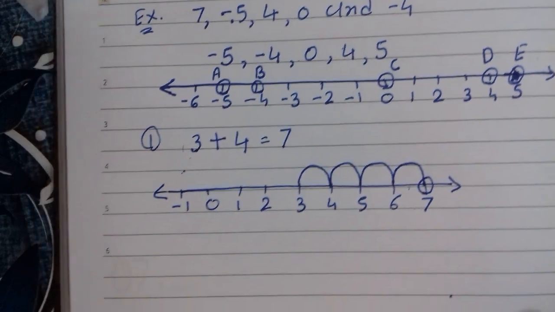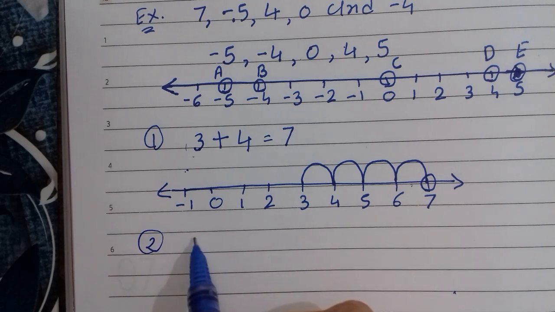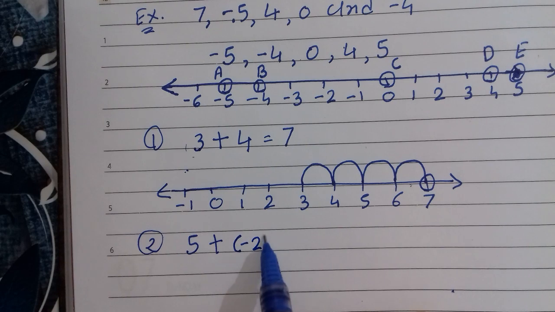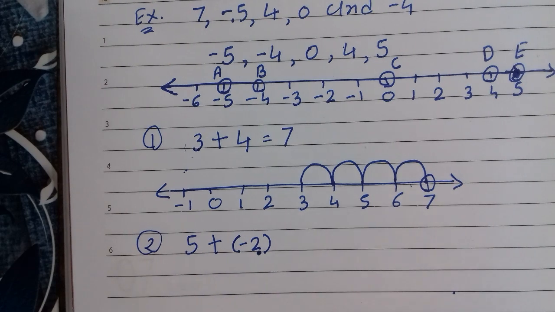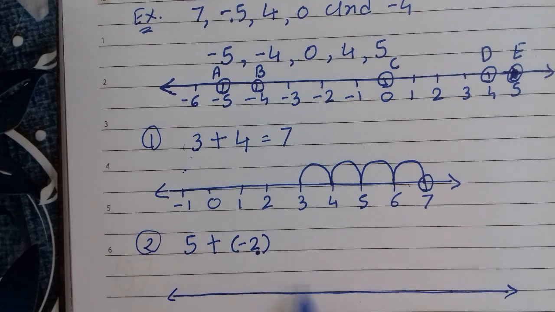Now if you want to add a negative integer, for example 5 plus minus 2, then move to the left side of the first integer.